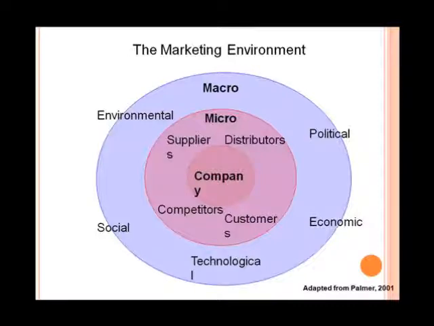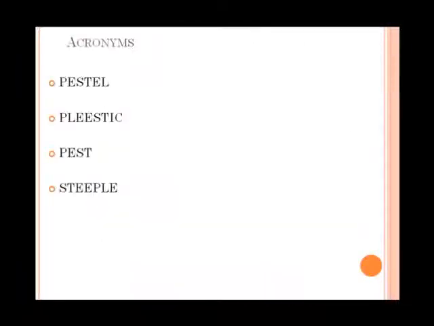So if you talk about macro, it's anything to do with government legislations, the economy, technological advances, your demographics, any environmental legislations, things like that. Your micro environment is yourself, your company obviously at the center, but also your suppliers, your distributors, competitors, and your customers. And you will audit this and see where you're standing and how you got there and where you want to go, or where you're going actually.